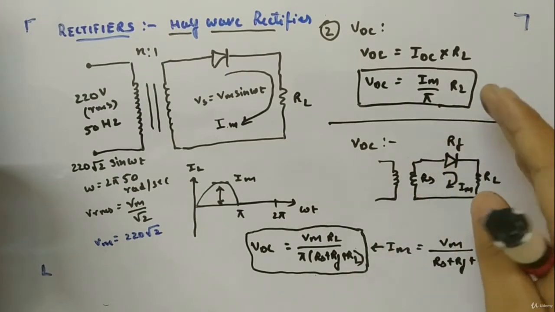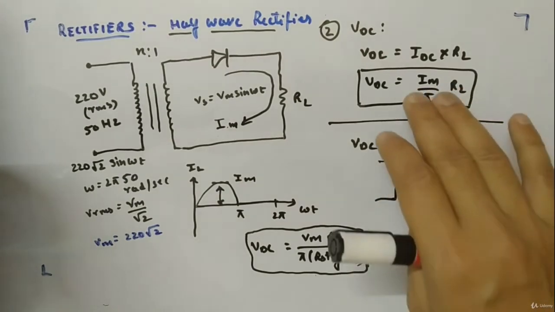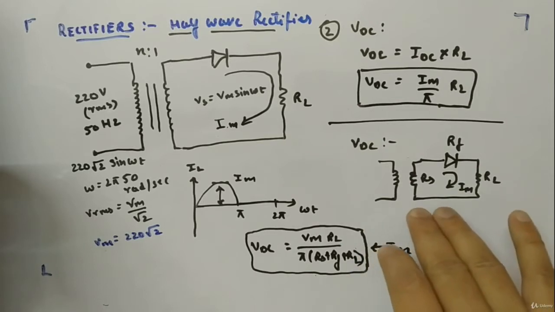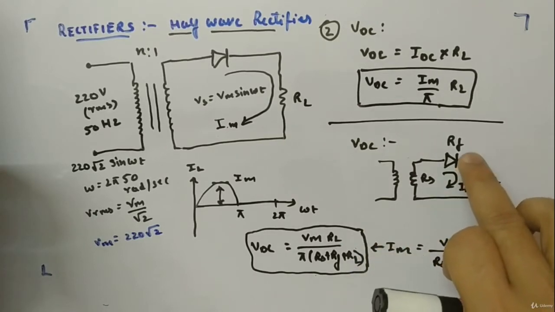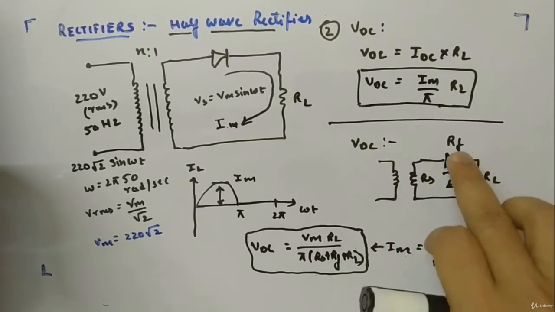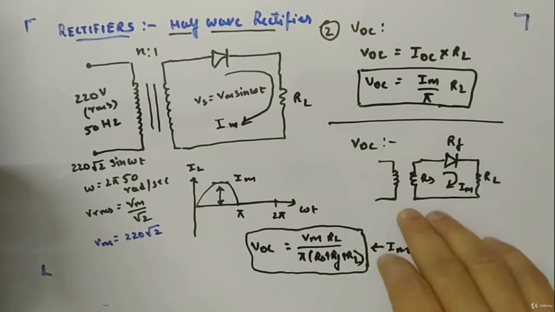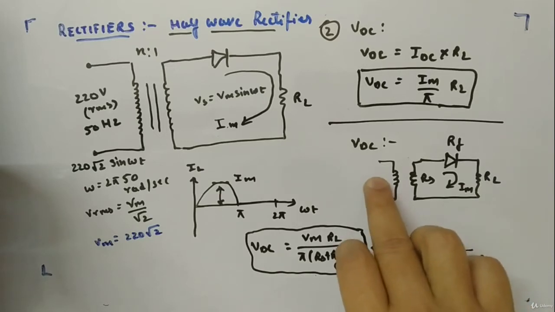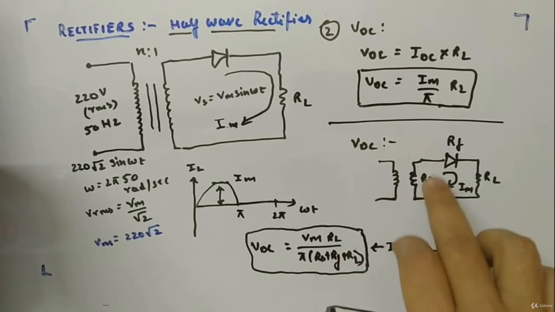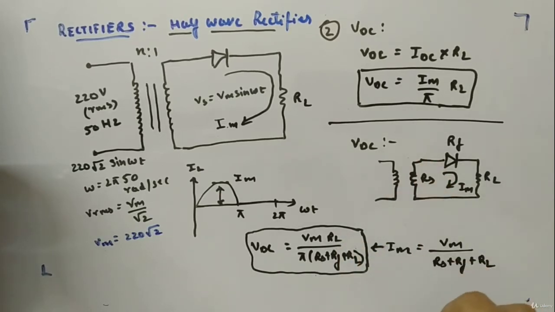Now if you want a more specific value, we can calculate the value of Im in this fashion. The diode will show some forward resistance, the load resistance is there, and there can be a secondary resistance of the transformer as well. This is the primary side, secondary side. So the secondary side can have its resistance Rs as well.